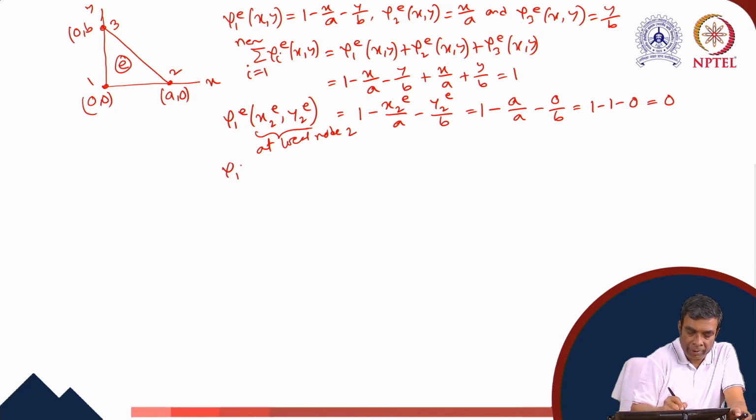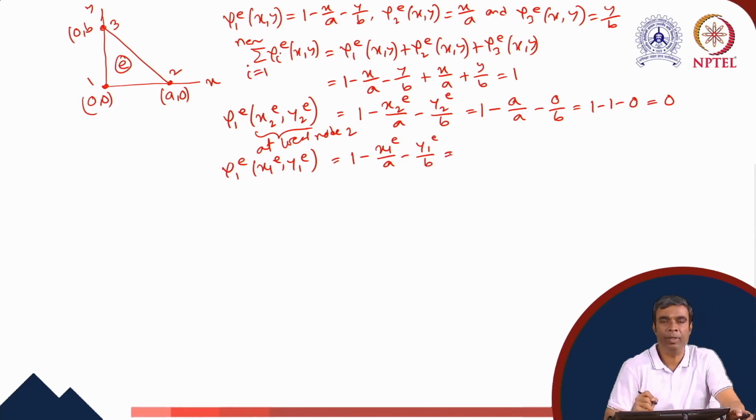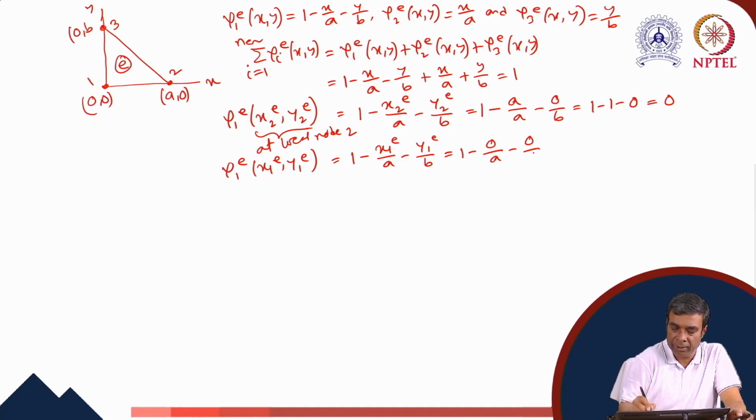Similarly, psi 1e at x1e, y1e equals 1 minus x1e by a minus y1e by b. x1e and y1e both are 0, so this gives 1 minus 0 by a minus 0 by b equals 1.